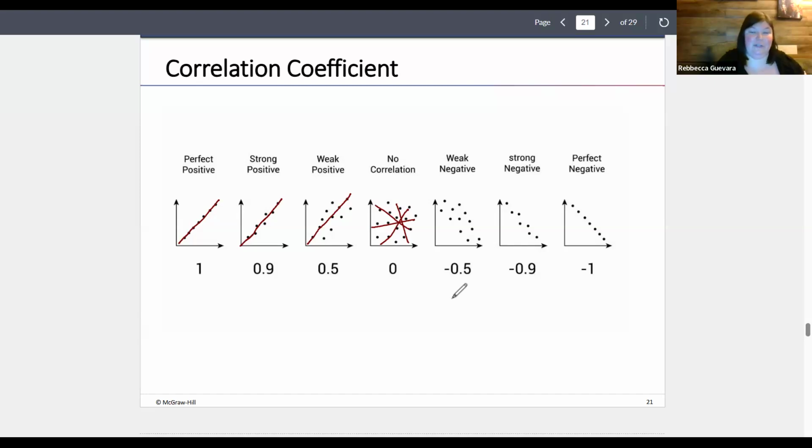And it's not even clear whether it's all going positive or all going negative. It's just a complete mess. At -0.5, it's weak, it's spread out, but we can still see a definite negative trend to it. Strong negative is closer to a straight line, but we're definitely seeing that negative trend. So that's my -0.9 and my -1. That is going to be a perfect straight line, but it's definitely a negative association.